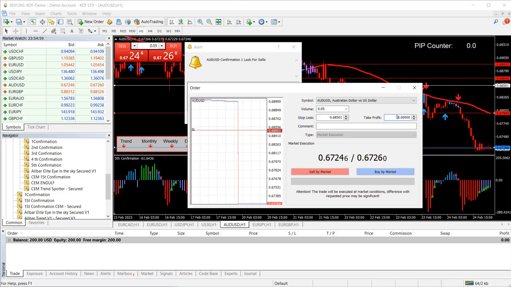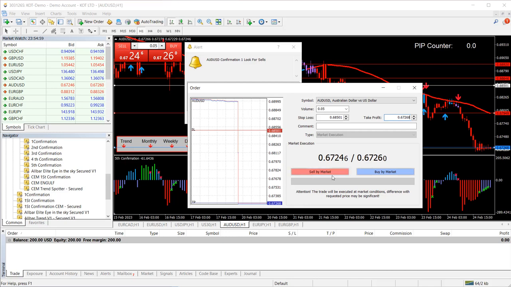Okay, so we go and we highlight that, 0.67268, and then just click your mouse anywhere, and those numbers are locked in. So now we have where we want to take profit, and we have how much we're willing to lose. And all we have to do is click the sell by market or sell market, right? Sell by market. And this is going to activate us and put us in a trade.